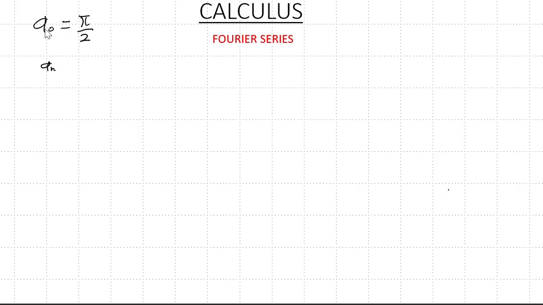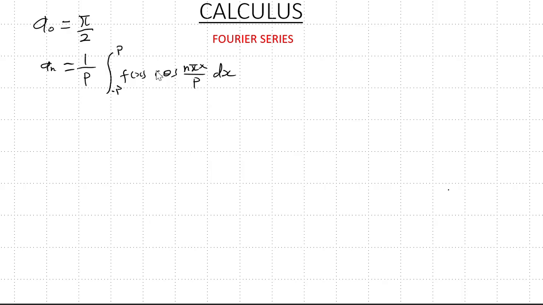We've already found a naught, so let's find a subscript n, and the formula for a subscript n is 1 over p integral from negative p to p of f of x cos n pi x divided by p dx. So this is the formula for a subscript n.